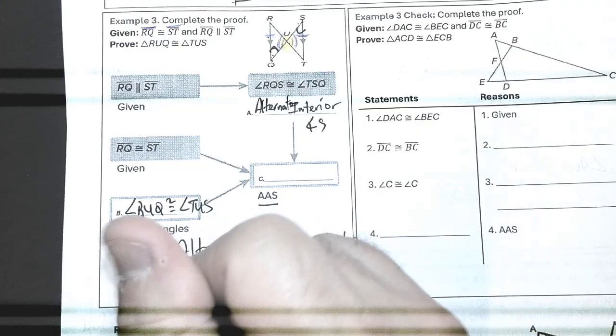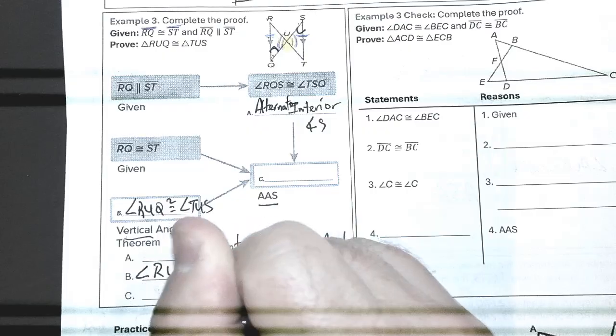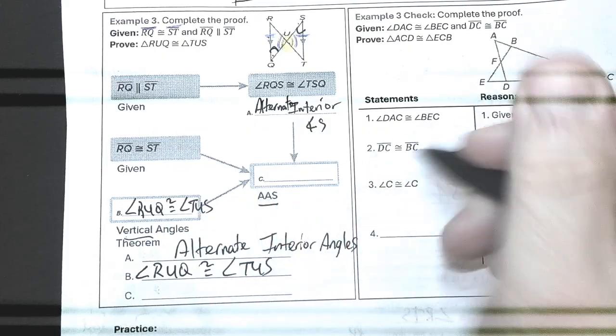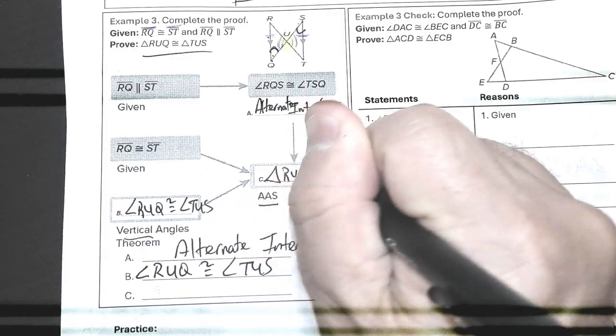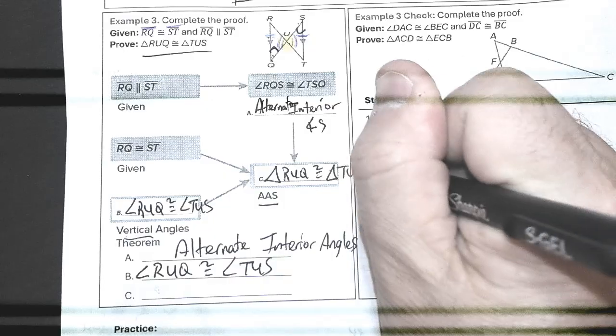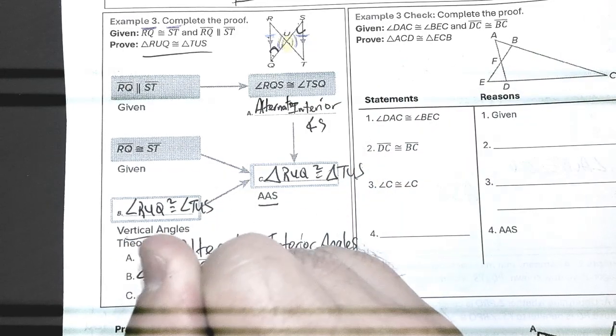B was angle RUQ is congruent to angle TUS. And then this, of course, we're just trying to prove triangle RUQ is congruent to triangle TUS. I'm just going to, again, write it down here. Oops, R.